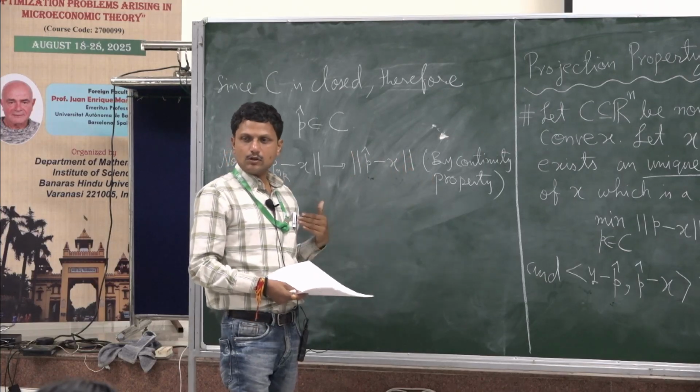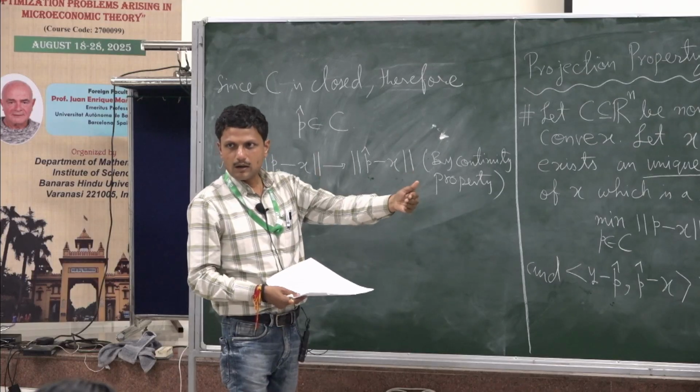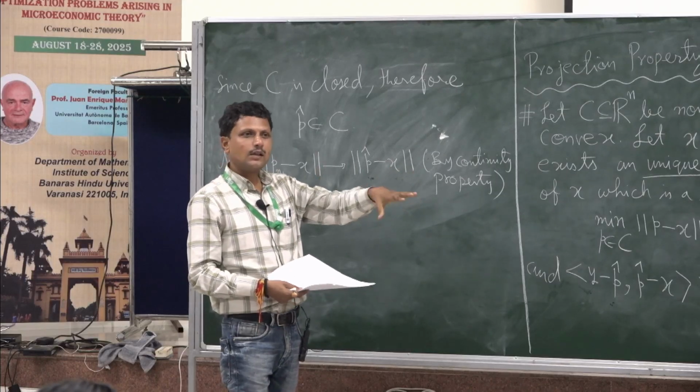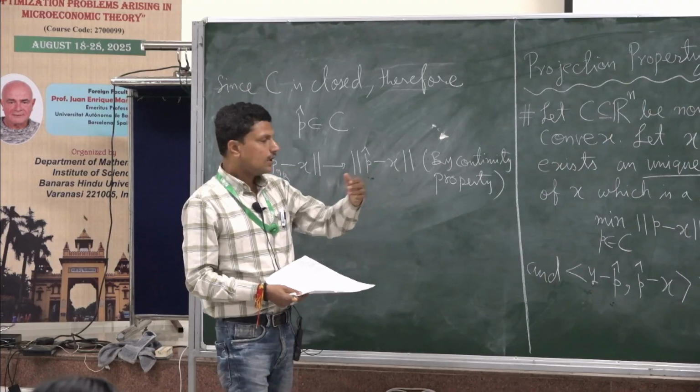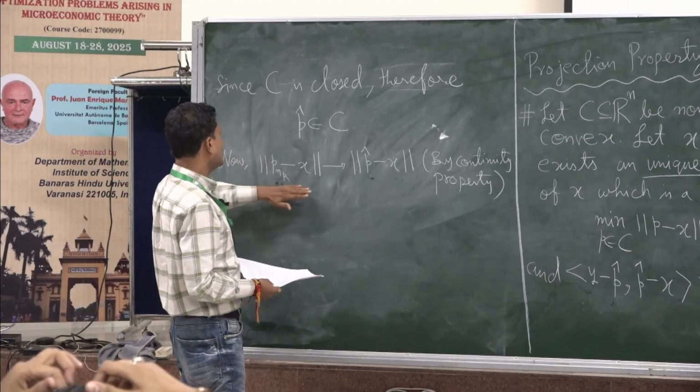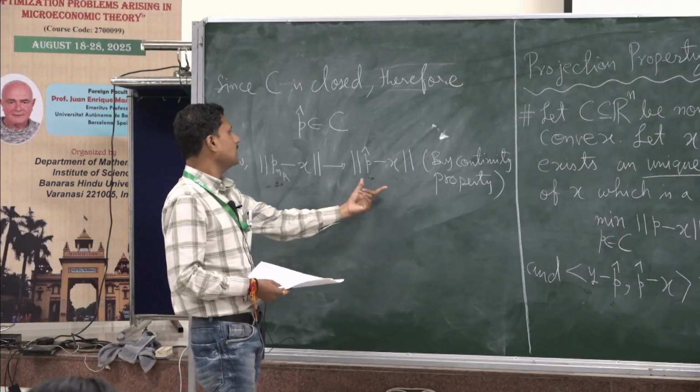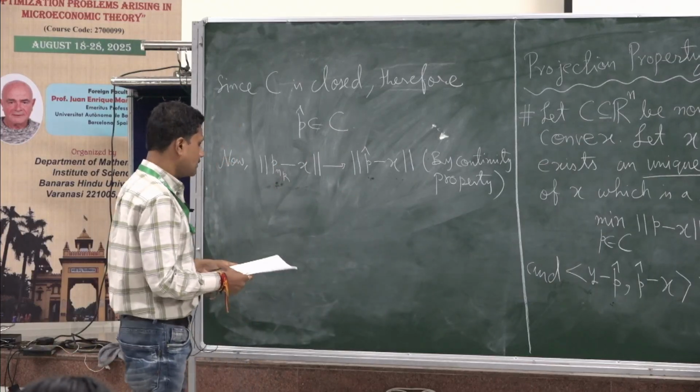A continuous function preserves the limit of a sequence. So the norm of P_{n_k} minus X will converge to the norm of P hat minus X.